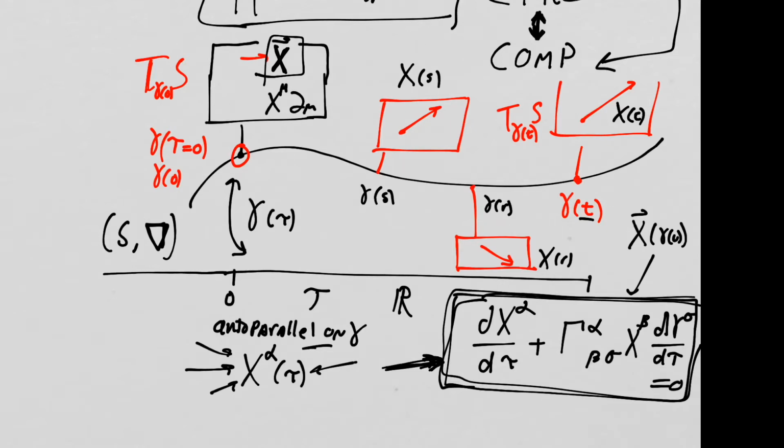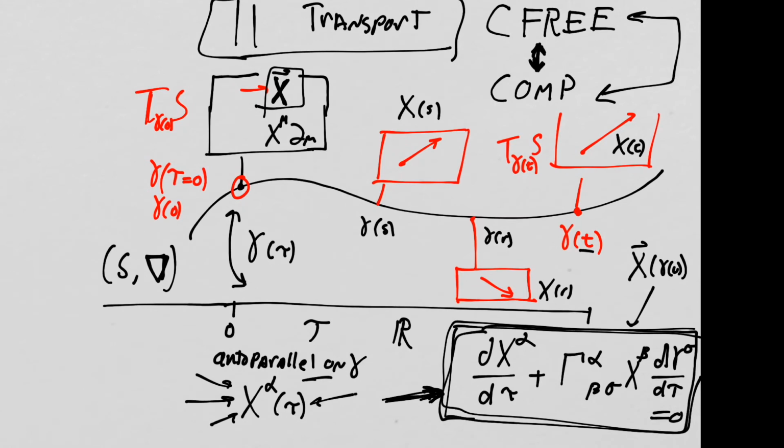But in the meantime, if we want to stay in the coordinate-free notation, we presume that this is possible, and we just define this autoparallel field, x of τ, and we say that this is x of 0, x of s, x of r, and x of t, and they're all parallel to one another because we've derived this expression for x from the parallel transport equation.